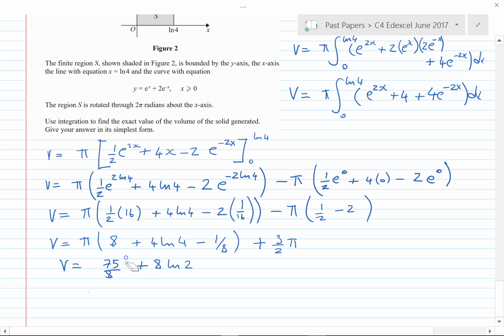Let's take pi out as a factor of the whole thing. There we go. You don't have to write it exactly like that. There's various possible ways, but you need to be bringing some of the terms together. We need to work on the lns and the pi's and make sure it's all separate. Okay.